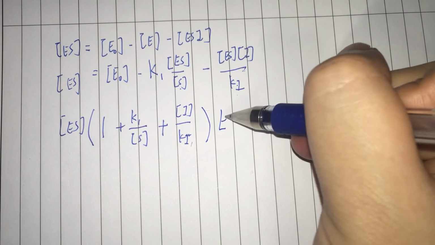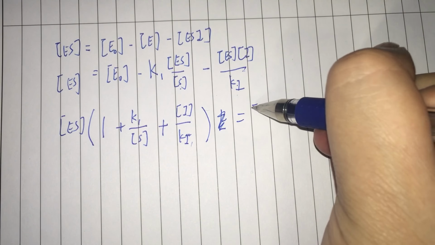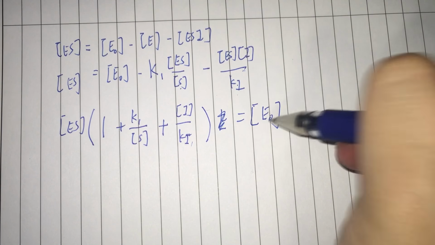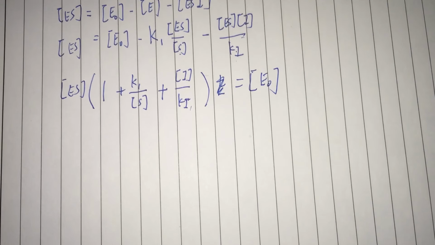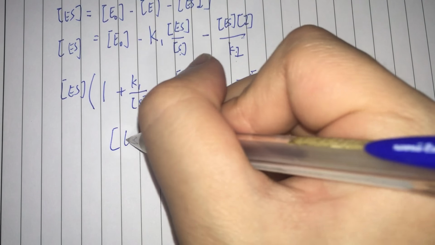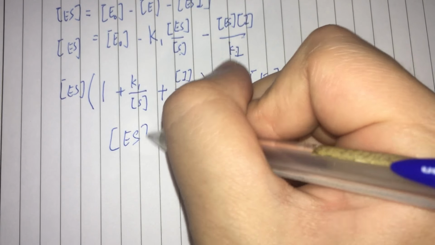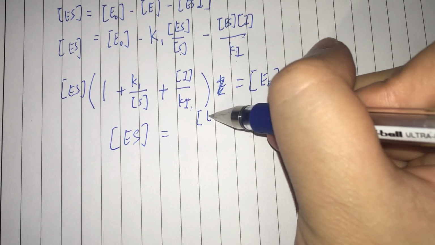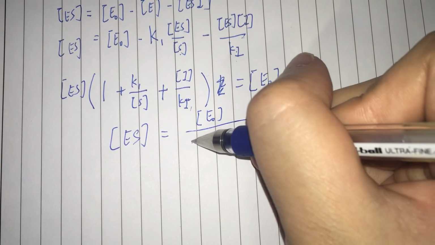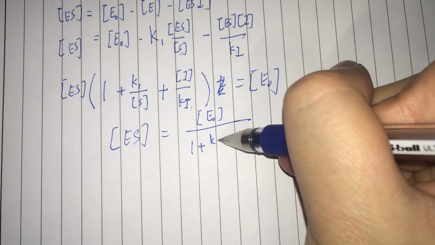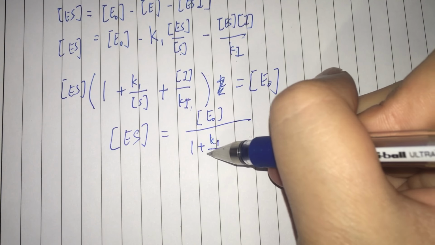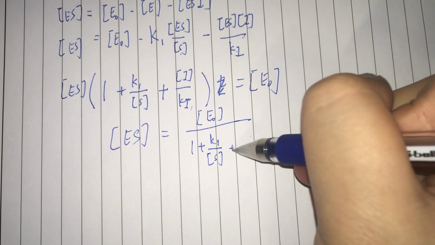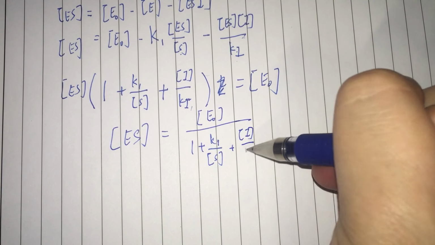And then the whole thing equals E naught. And with that, ES should be pretty easy to find this time: E naught over 1 plus K1 over S, this is the first one, plus I over Ki.